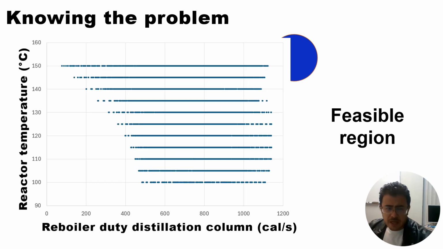If we relate other variables, in this case the boiler duty and the reactor temperature, we can observe a different behavior, but we can identify a feasible region.